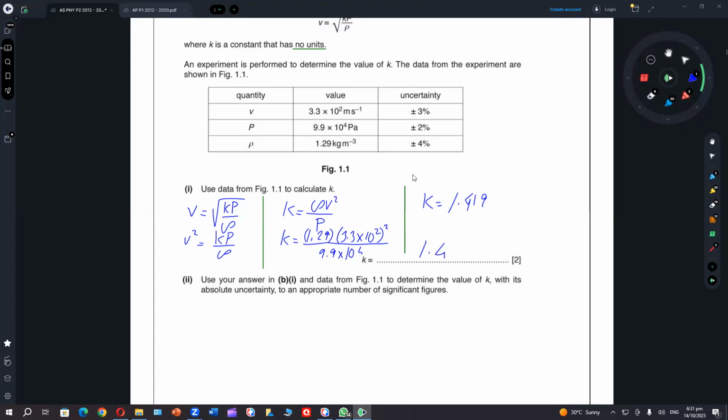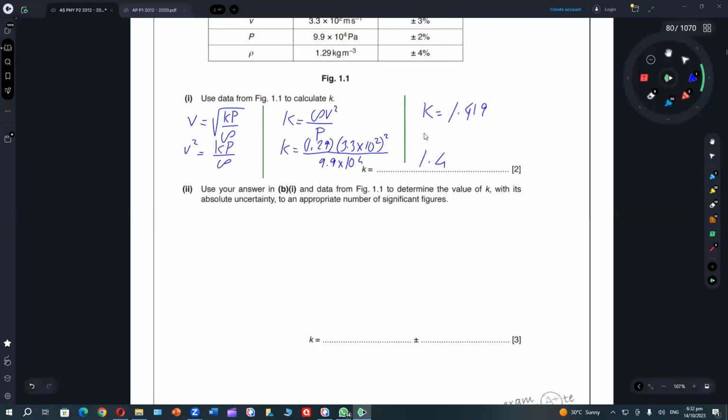I have rounded it to two significant figures. Yes, in every part, you have to round the answer to a suitable number of sig fig.